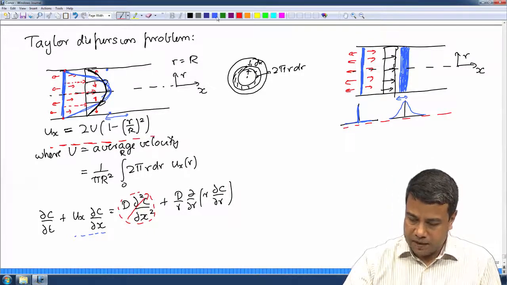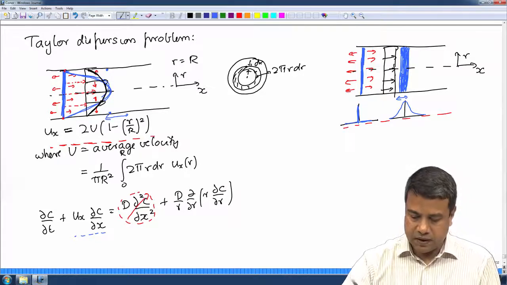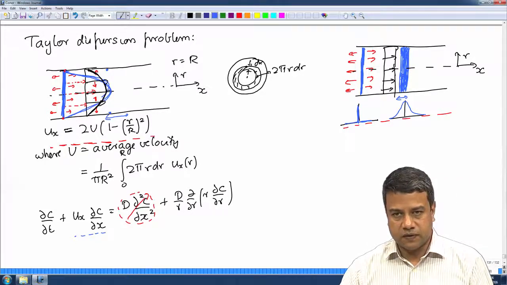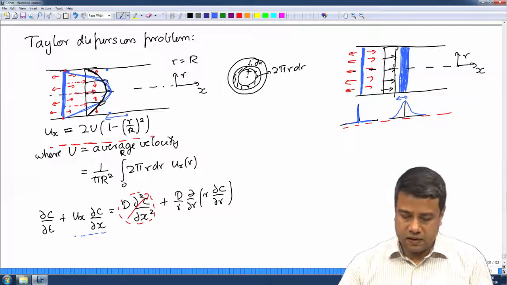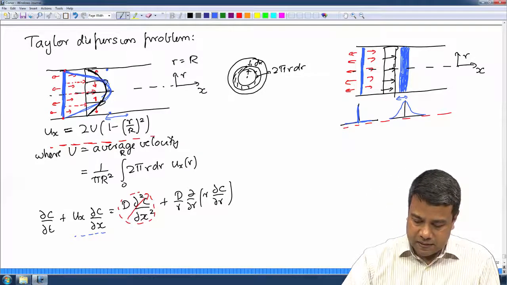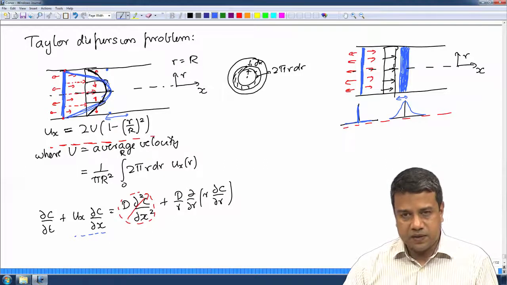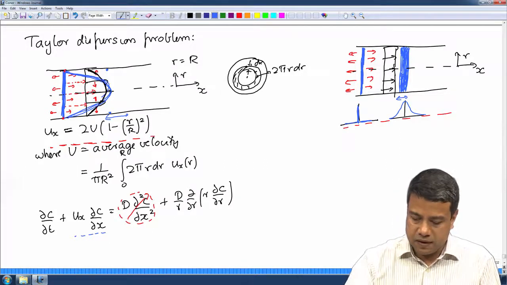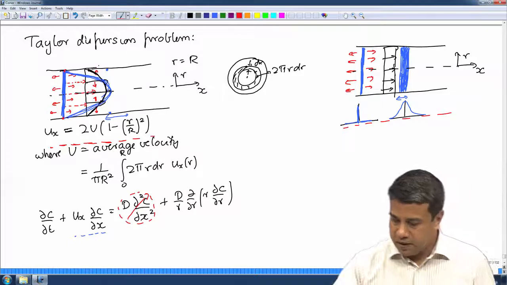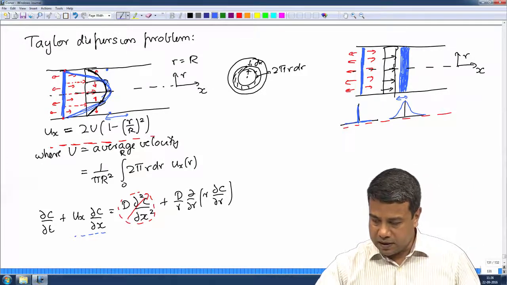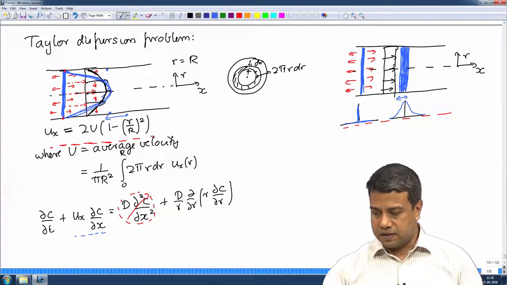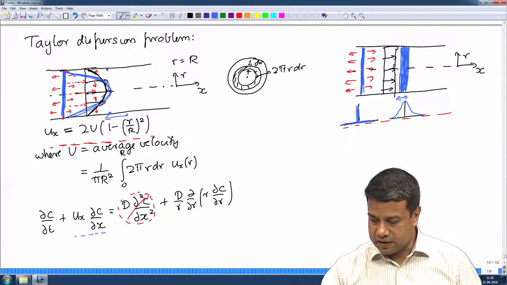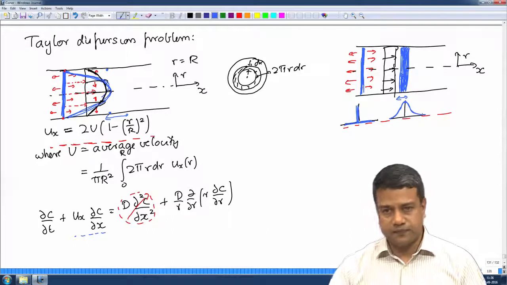If you introduce a plug in here, that plug is going to get distorted due to the velocity profile, because the velocity is 0 at the wall and it is maximum at the center. So, it is going to spread something like this. Once it spreads, there is also radial diffusion. If the plug had not spread like this, it would just diffuse in the axial direction, from a shape that looks like this to a shape that looks like this.